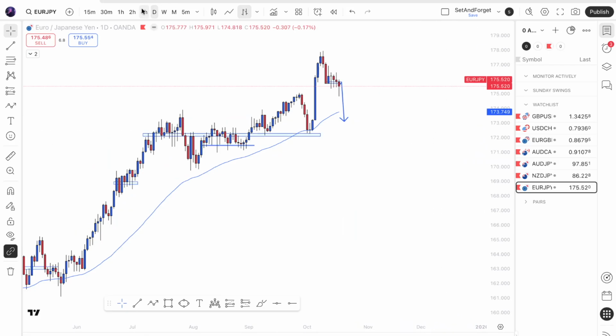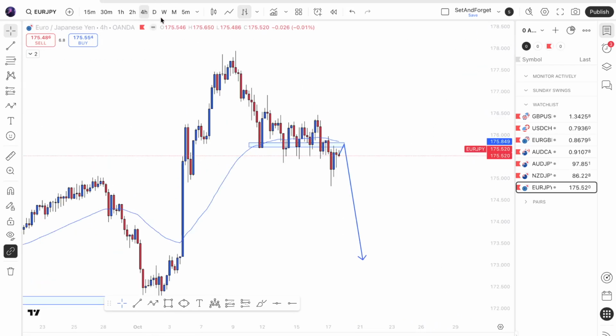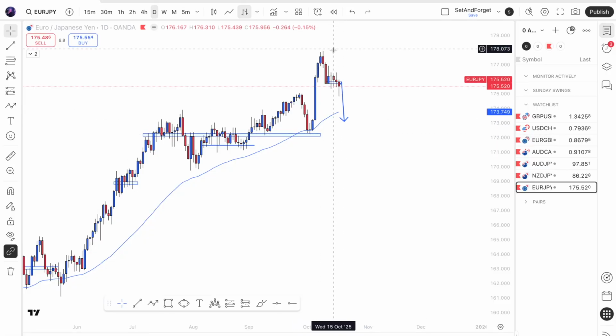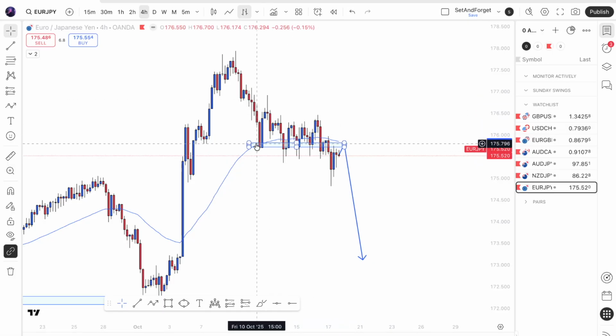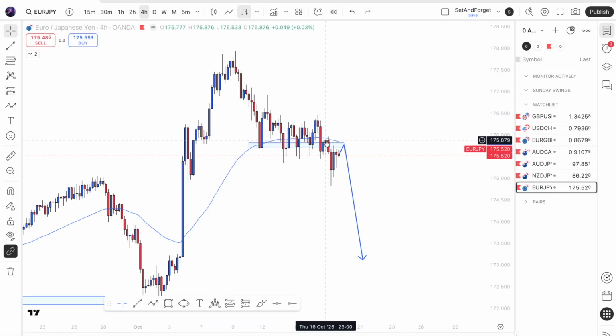And Euro JPY is another JPY pair, but it looks a bit different. On the 4 hour, we have already broken below this area of interest and have already had our small retest.